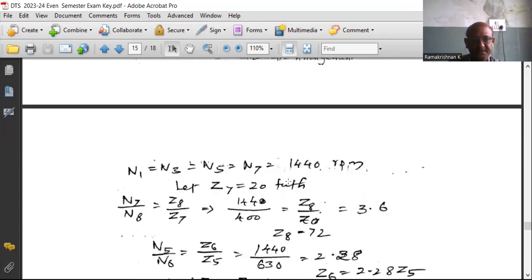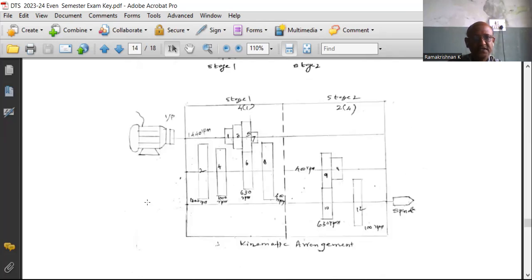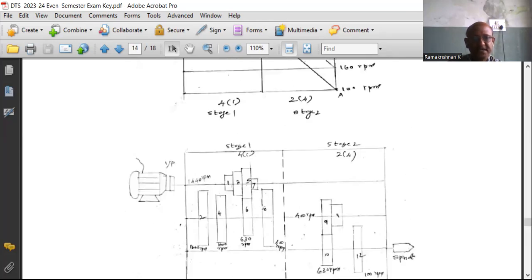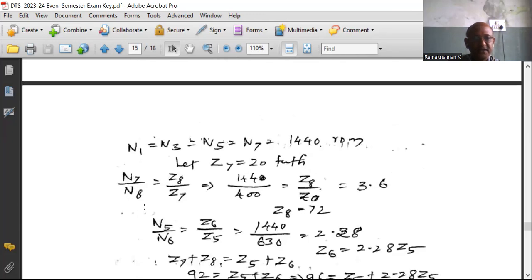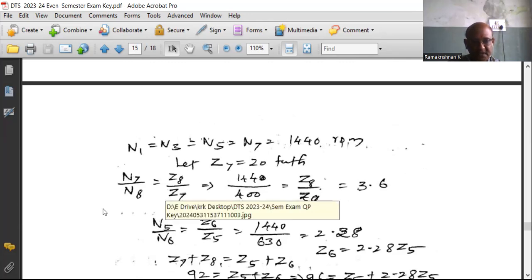Let us assume the smallest teeth Z7 equals 20 teeth. So first consider any pair, 7, 8. Here Z7 is the driver and 8 is driven. As you know, the speed and the number of teeth have an inverse ratio. So the unknown is Z8. So Z8 is 72, you can find.